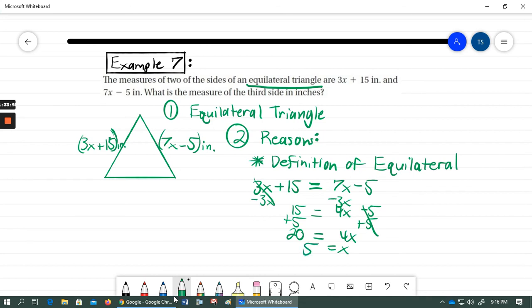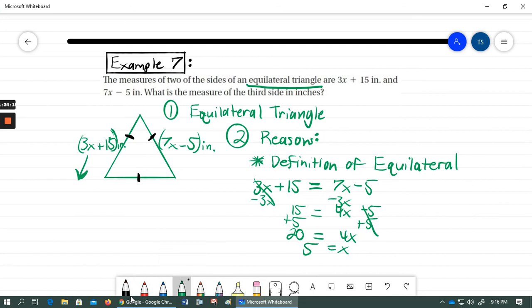Now, you're not done here. Why? Because they didn't ask you to find x. They said, what is the measure of the third side in inches? So if we want to find the measure of the third side, let's find the measure of any one of these sides, really. Because if this is equilateral, all three of the sides are the same length.